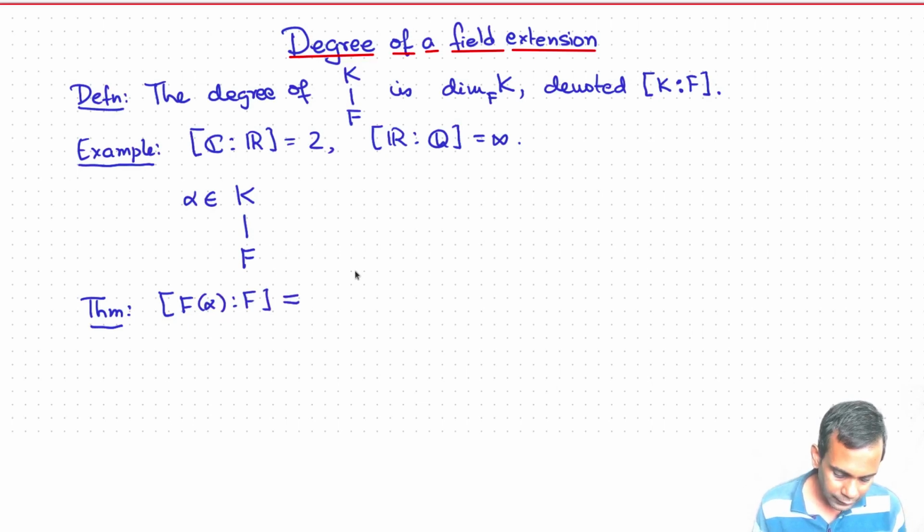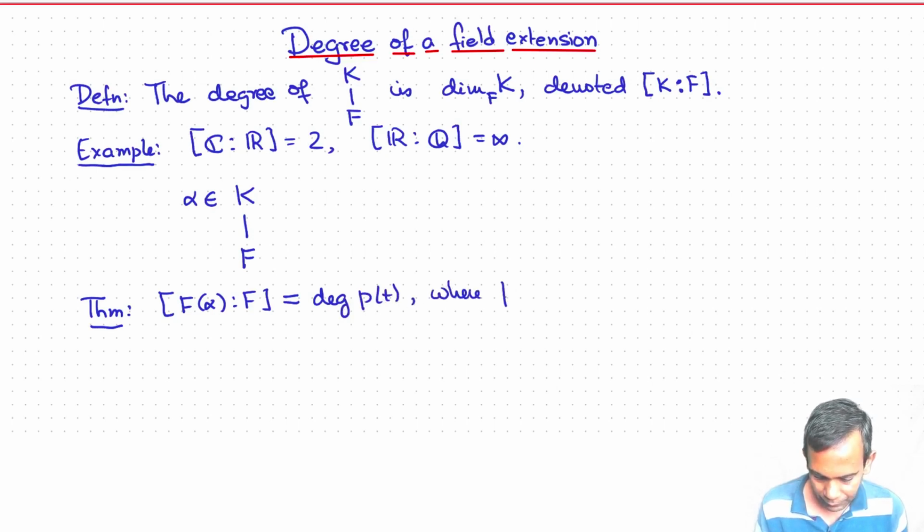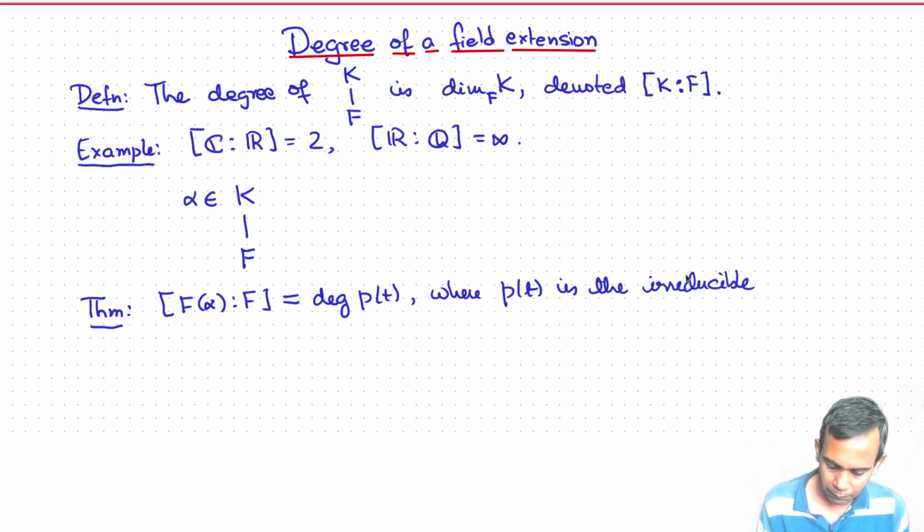It turns out that it is just the degree of p(t), where p(t) is the irreducible polynomial of alpha over F.